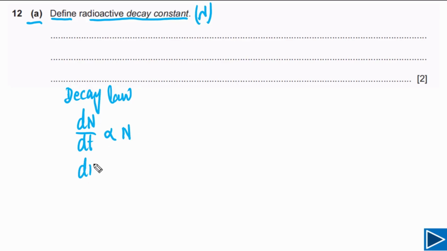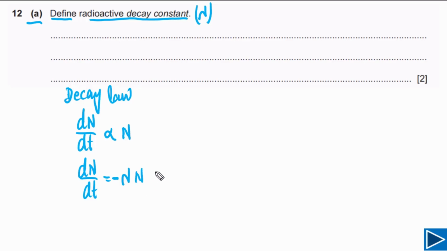We can also say that dN by dt is equal to negative lambda N. Lambda is the constant of proportionality, or simply you can understand this is the radioactive decay constant. We use the negative sign in front of lambda, and we need to understand the significance of this negative sign. This negative sign simply tells us that the number of nuclei in the sample decreases with time.